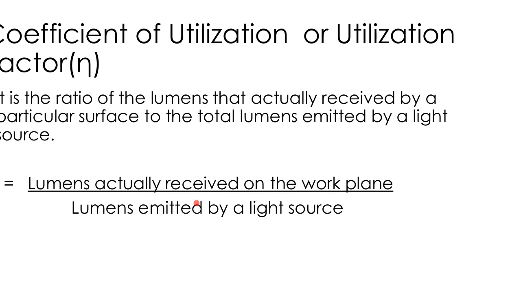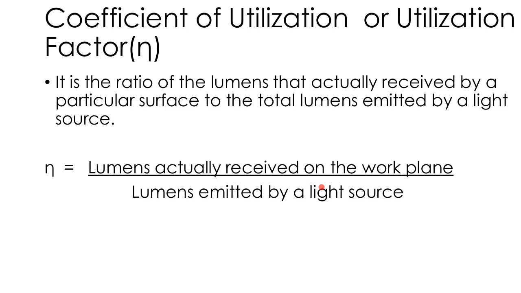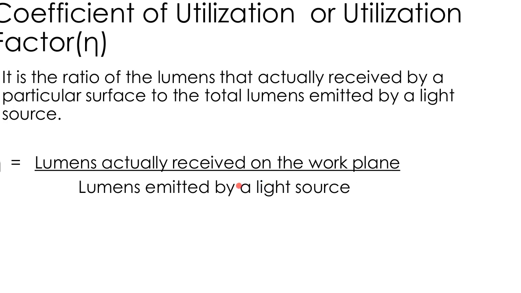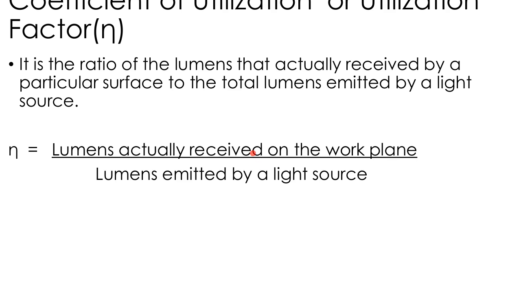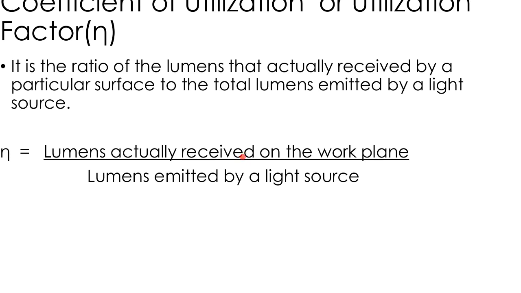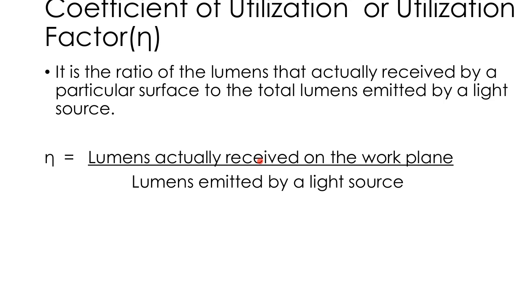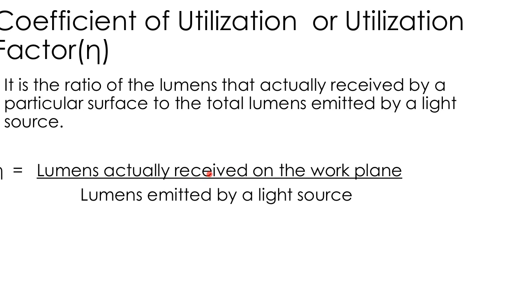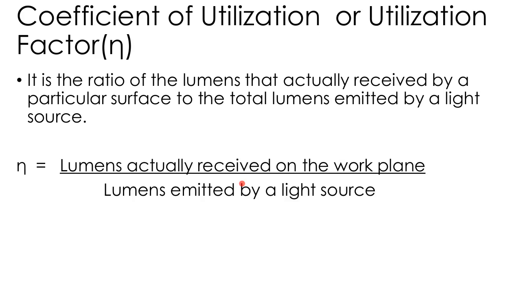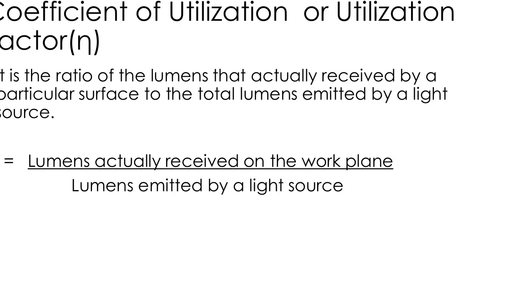Coefficient of utilization, or utilization factor, is the efficiency, equal to the ratio of the lumens actually received on the work plane to the total lumens emitted by the light source.